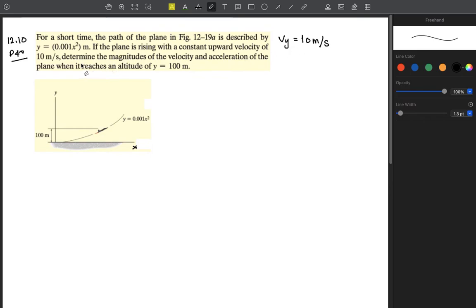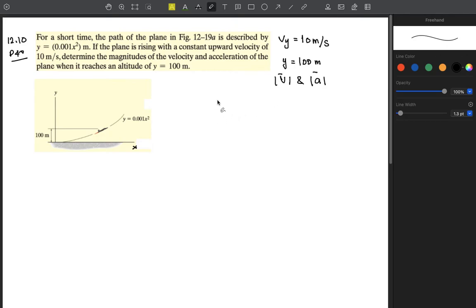The question is asking us to determine the magnitudes of the velocity and acceleration of the plane when it reaches an altitude of y equals 100 meters. What are v as a magnitude and a as a magnitude as well? This is the question.